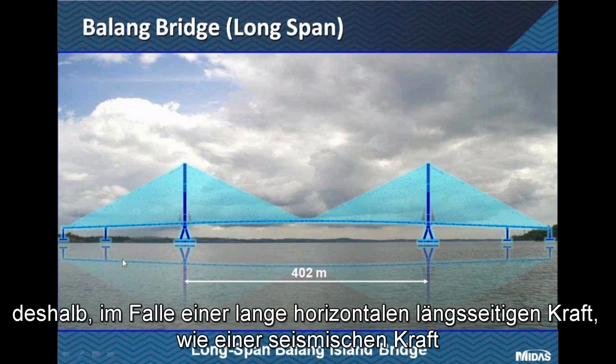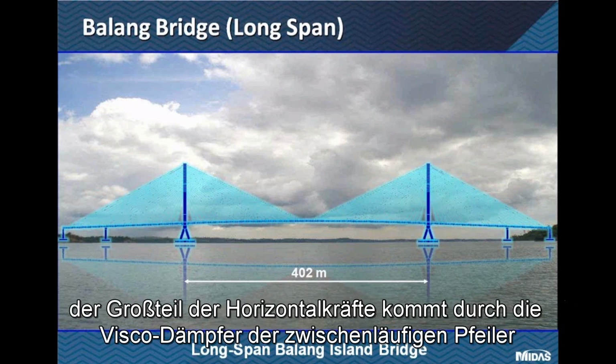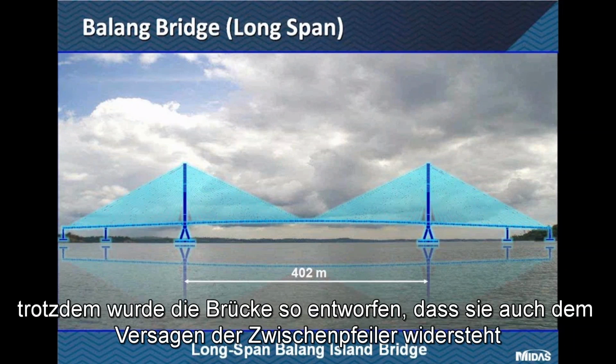Therefore, in case of a large horizontal force in the longitudinal direction, such as seismic force, the pylon will receive only a small portion of the force as a function of its self-weight, and most of the horizontal forces will be received by the intermediate piers through the Visco-Dämpfers. Meanwhile, the bridge is designed to still withstand even the failure of the intermediate piers.